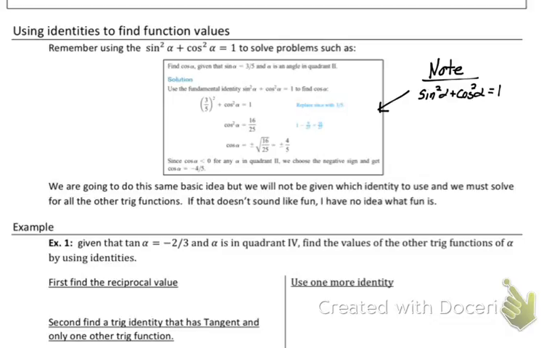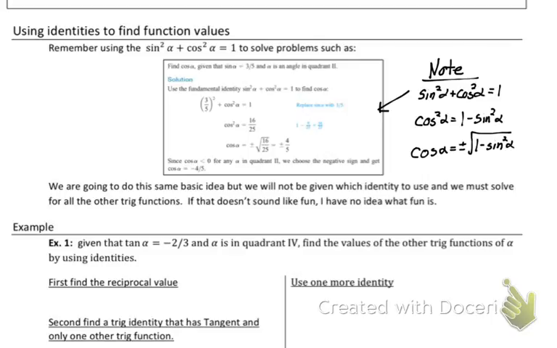So every single time you can plug it in and move stuff around, or we can move it first and then plug in our information from there. If I want to get cosine by itself, I subtract sine squared from both sides. That gives me cosine squared alpha equals 1 minus sine squared alpha. Then I take the square root of both sides, so cosine alpha is really just the square root of 1 minus sine squared alpha.